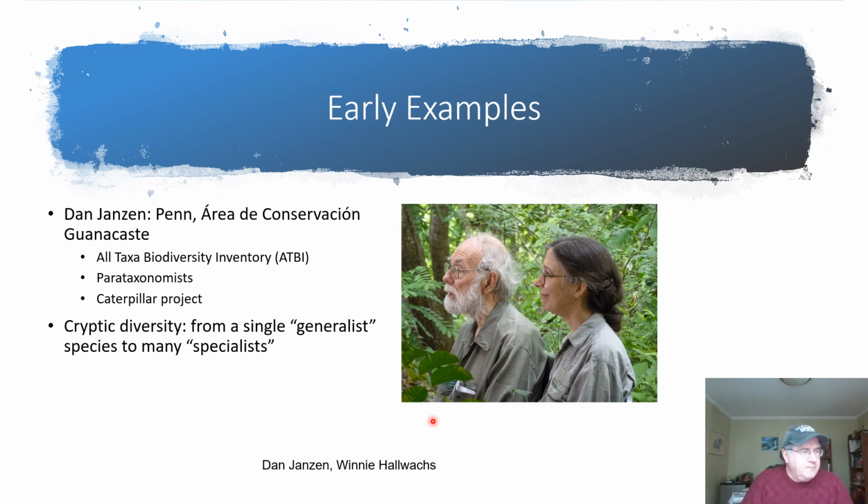Another thing that Dan was very prominent in promoting was the idea of parataxonomists. If we don't have enough taxonomists around to do all of this work, let's take advantage of local people who, just as a paralegal or a paramedic has some skills in the field but aren't full-blown lawyers or doctors.